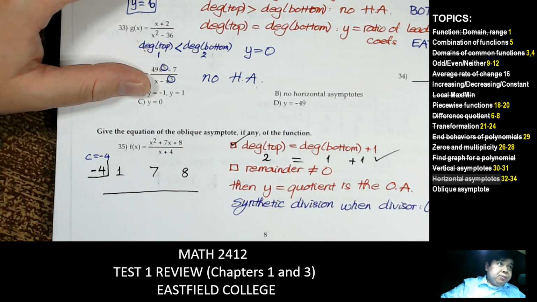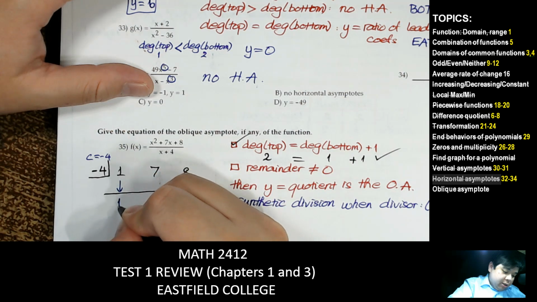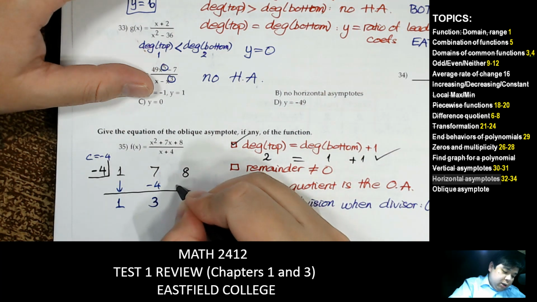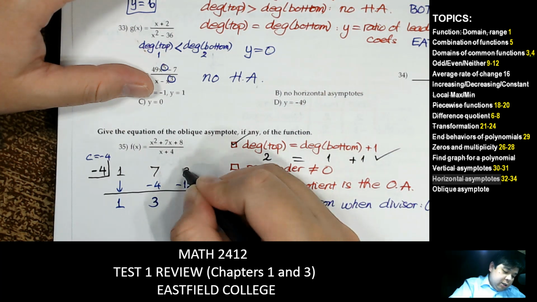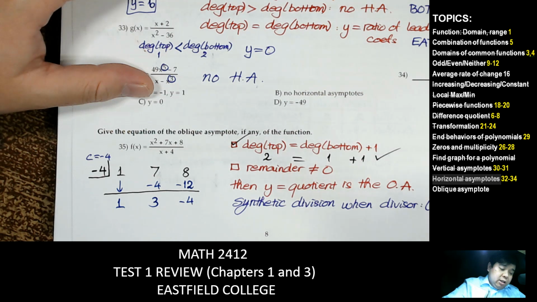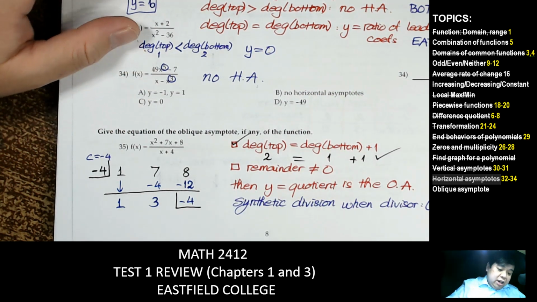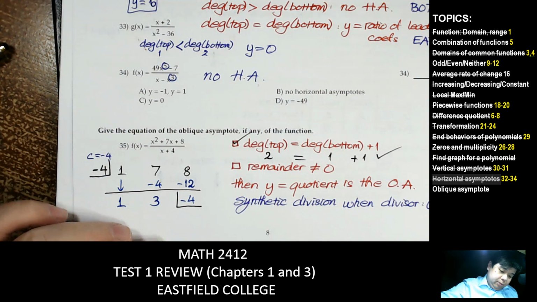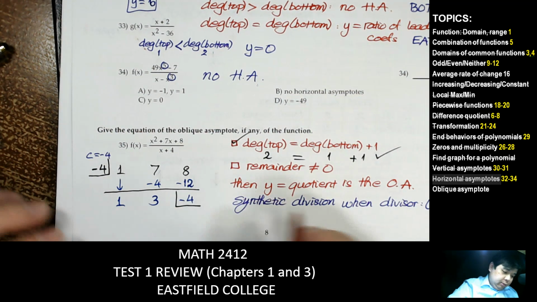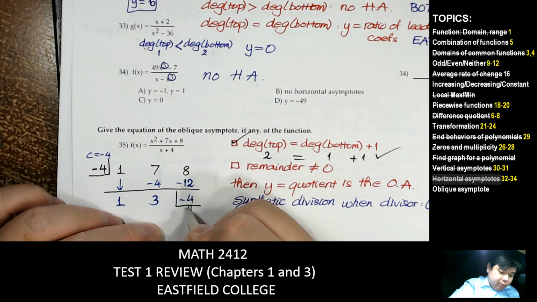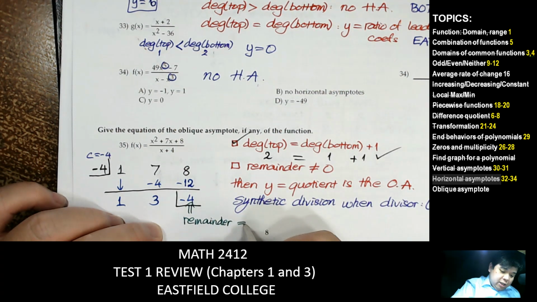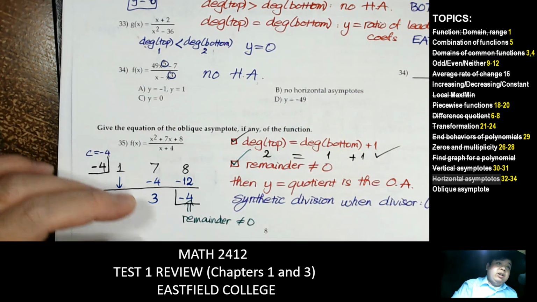When we divide, we bring down the first number, multiply, and then add, multiply, and then add. The last number is the remainder, and in this case the remainder is not equal to 0. The remainder is negative 4, so this one's good.